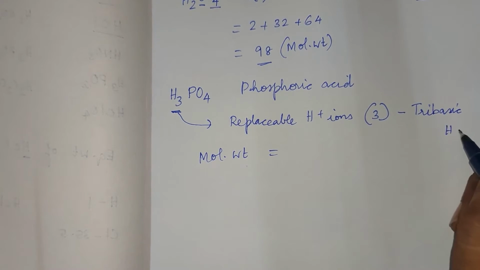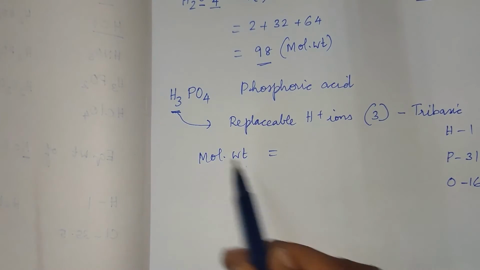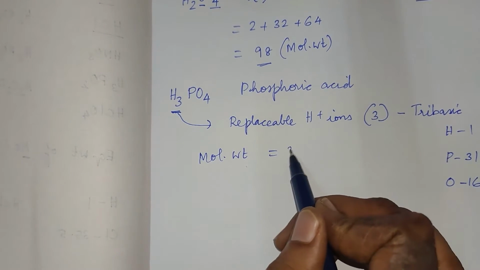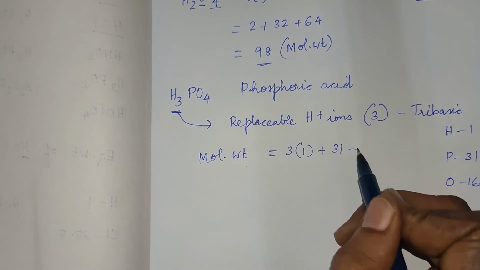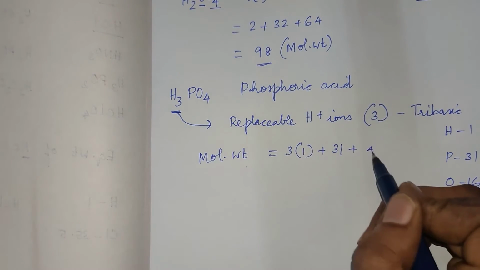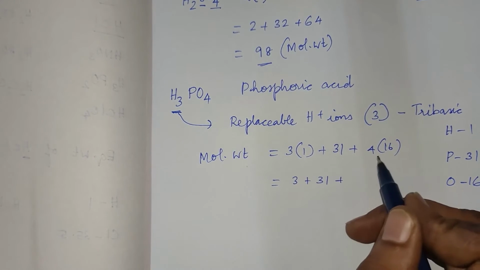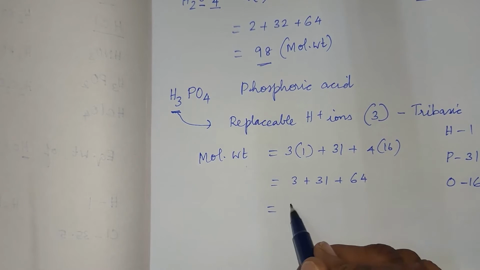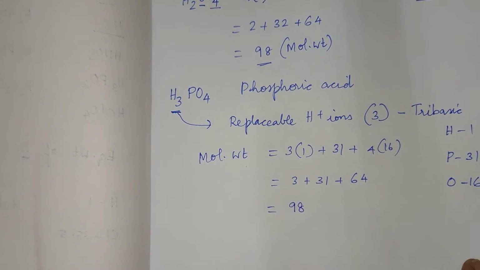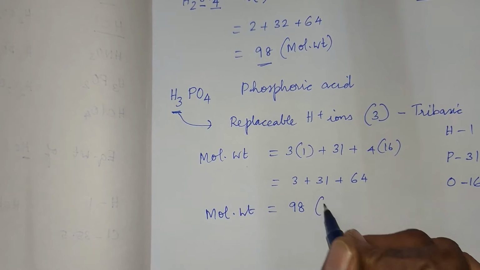For hydrogen, the atomic mass is 1. For phosphorus it is 31. For oxygen it is 16. Now H3, here you have 3 hydrogen, so 3 into 1. Phosphorus, you have only 1 phosphorus, 31. 4 oxygen, 4 into 16, which is equal to 3 plus 31 plus 16 into 4 is 64. So it is going to be 98. So molecular weight of phosphoric acid is going to be 98.